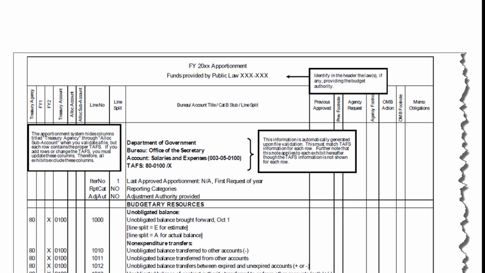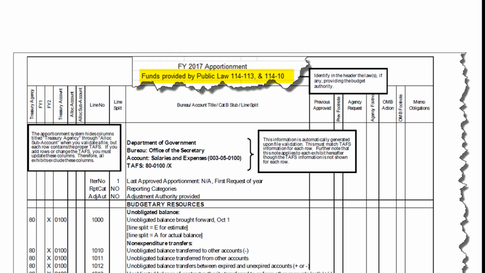Just under the FY identification is the phrase funds provided by public law, and it's followed by a bunch of X's. Here, OMB is asking you to identify which public law or laws provided the budget authority being requested to be apportioned. Normally, you would simply enter the public law reference, or you may have two public laws.